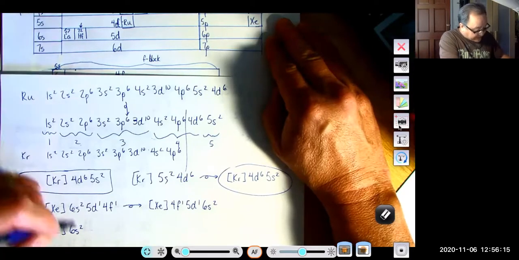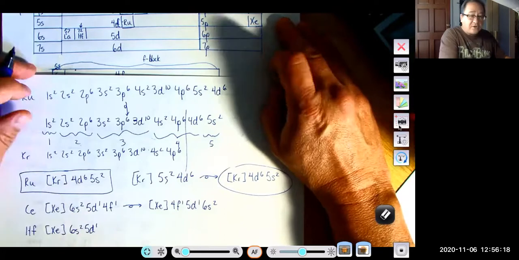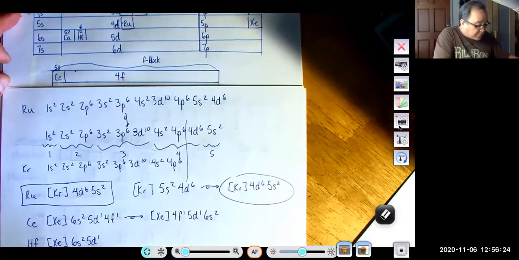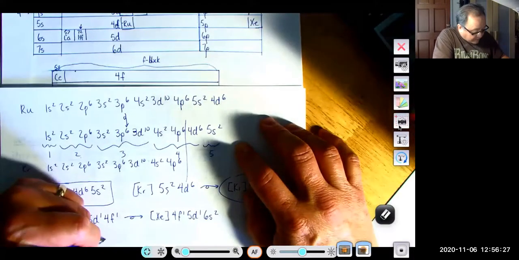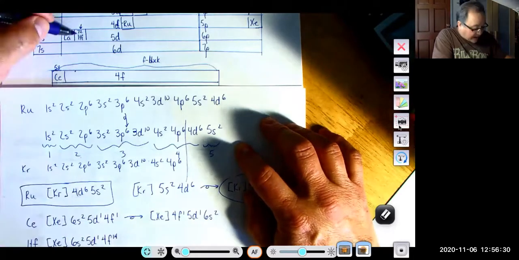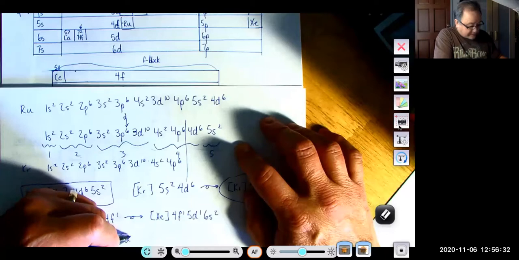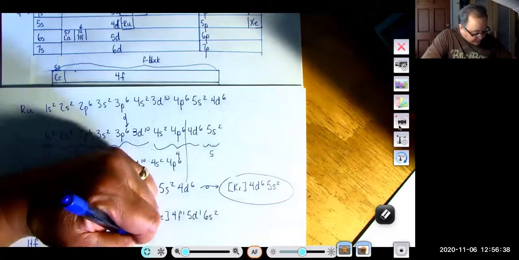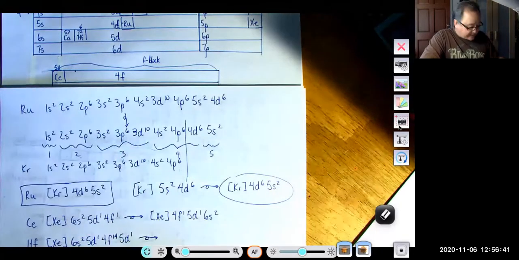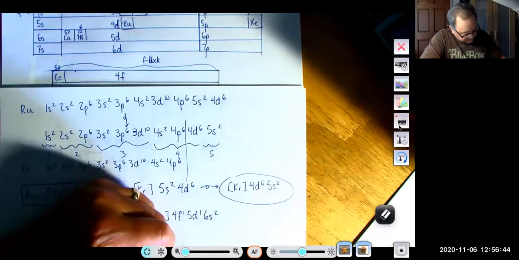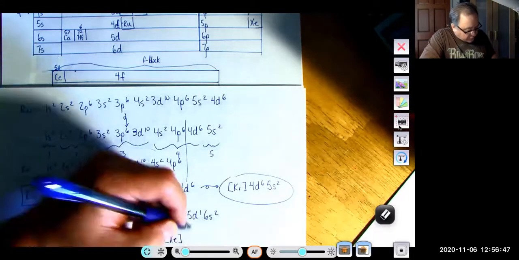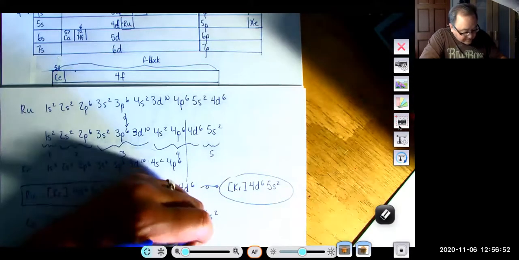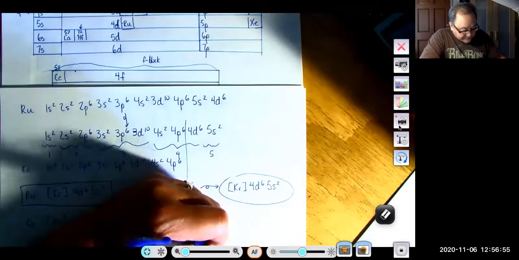We'd hit lanthanum and say 5d1. We'd go down through this whole f block and call that 4f14. And we'd come back up to hafnium, which would be 5d1, because it's the second element. So we're going to rearrange and combine: 4f14, 5d2, and 6s2.